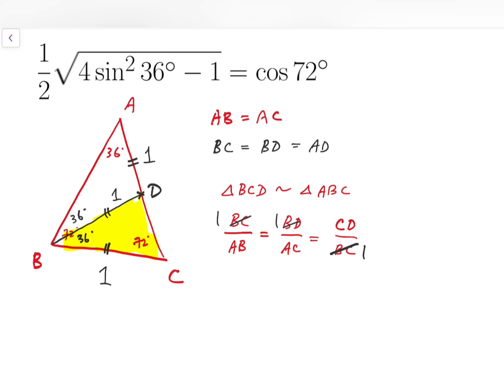At the same time, we notice that CD is actually part of AC, and AC is just 1 longer than CD. So I can write AC to be equal to 1 plus CD if I let the 3 black sides be equal to 1. Then from this we can replace AB by 1 plus CD, AC by 1 plus CD, and CD.